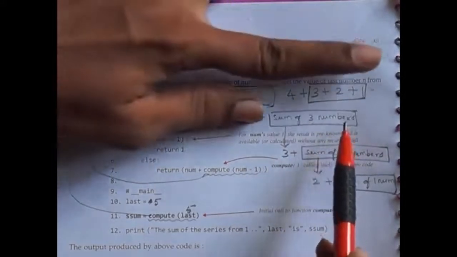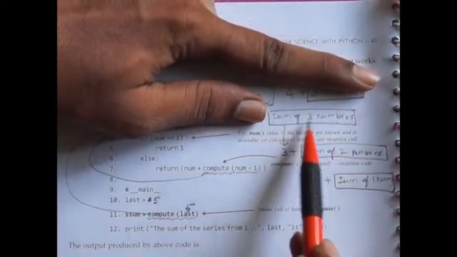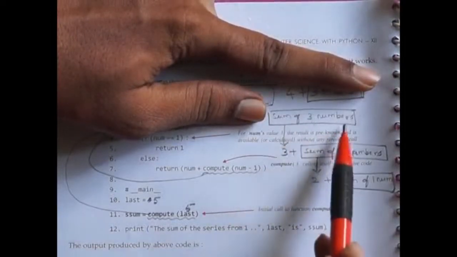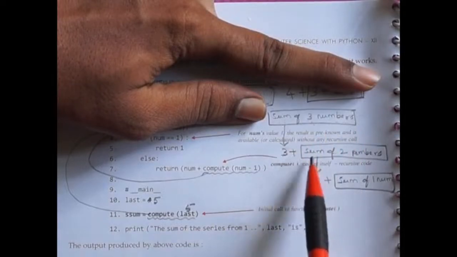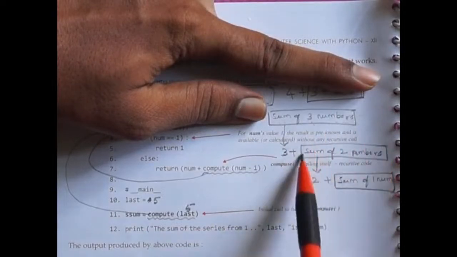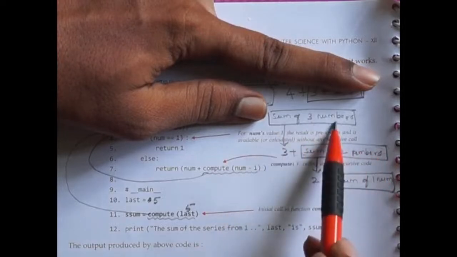Okay. Now you forgot all these things. Just see sum of 3 number. How to execute the value of sum of 3 number? First write 3 plus, then you write sum of 2 numbers. Okay. If you find the value of this one, you can find the value of sum of 3 number.